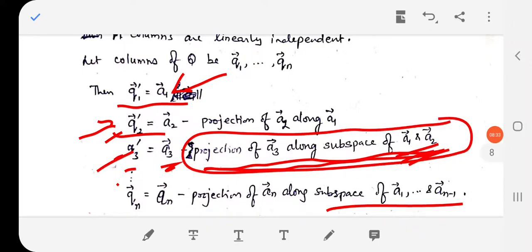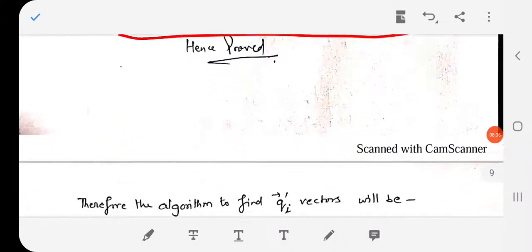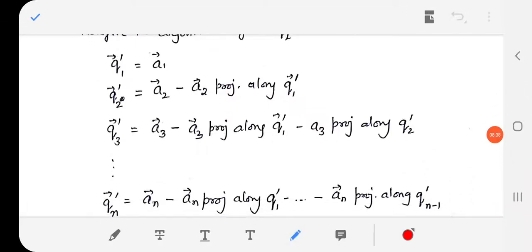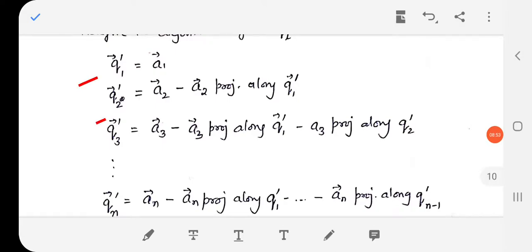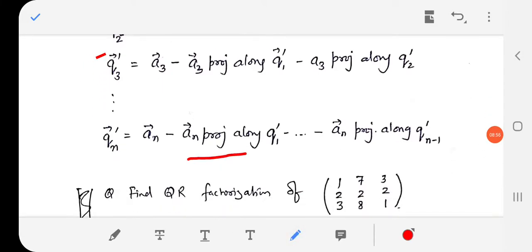And that is the refined algorithm now. So the new algorithm becomes this one. You take the first vector to be the same, and for the second vector you subtract the projection along the previous direction. So at any stage, we subtract the projection along the previously found orthogonal vectors. By subtracting this, we get the orthogonal complement of the vector, and this way we are saving a lot of time.